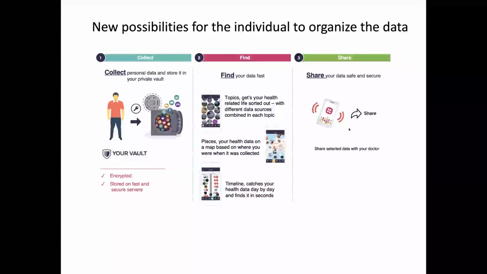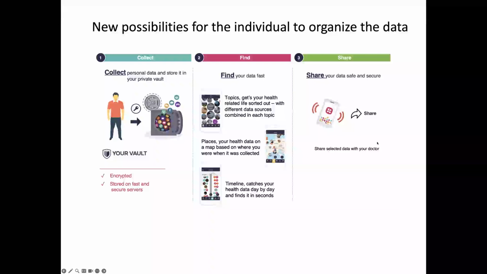This gives new possibilities for the individual to organize the data. You can collect your data in the personal vault, you store it there, and you can find it fast. You will have a timeline where doctors' visits and medications and walks and swims and therapies, etc., are all spotted in, maybe viewed on a map, and also topics where everything around a certain topic, regardless of the data source, is organized like in a folder.